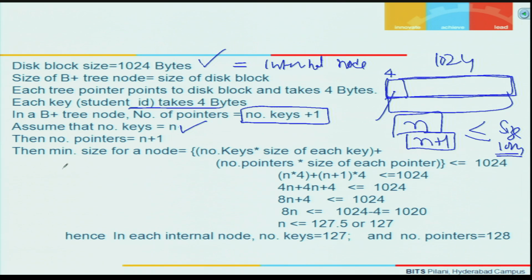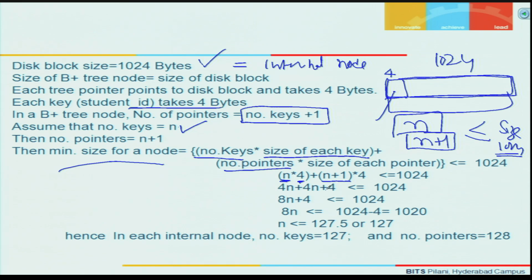Then the size of the node is equal to the number of keys times the size of each key, that is n keys times 4 bytes, plus the number of pointers. How many pointers can there be? If there are n keys, there will be n plus 1 pointers. What is the size of each pointer?